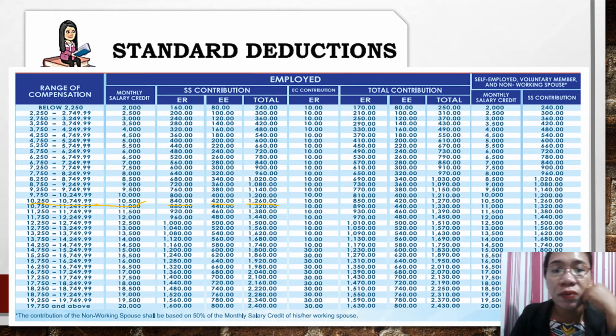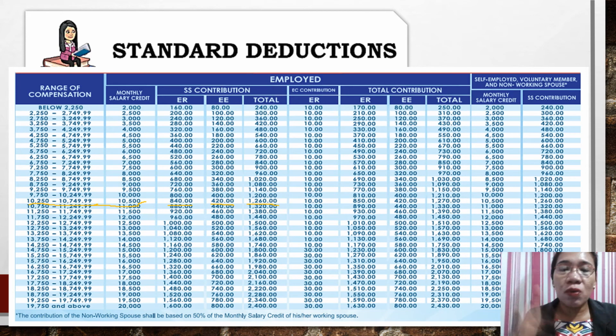So, tandaan yung mga bata kasi meron tayong exercise mamaya. So, you have to go back to this table para makasagot kayo sa mga binibigay na exercise. Okay? So, ganun yun, guys.